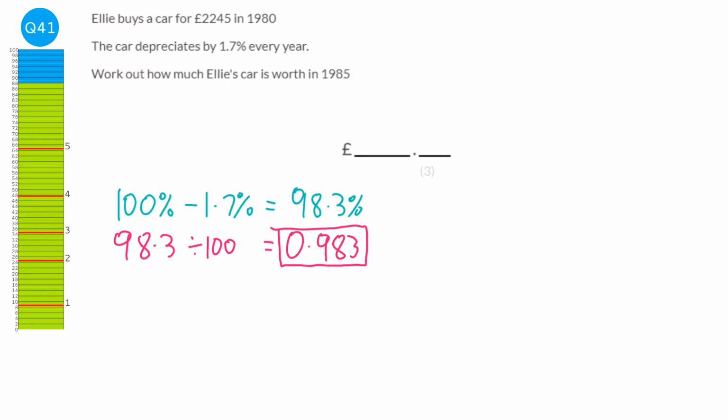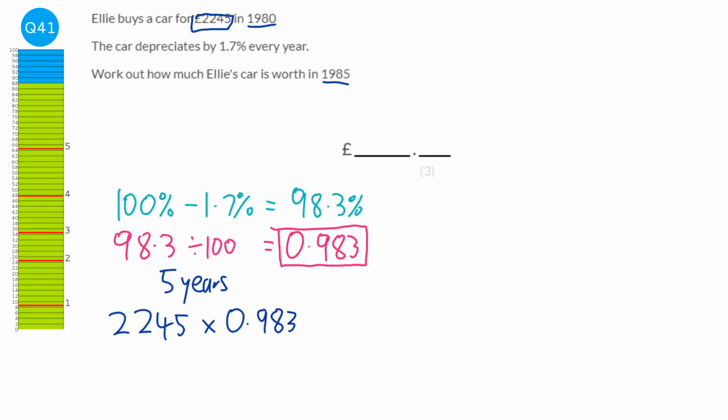And the beautiful thing about a multiplier is we just need the amount of years. Well, it says from 1980 to 1985, so that's going to be 5 years. And so what we do is we get the original amount, which was 2,245, and times it by the multiplier 5 times.